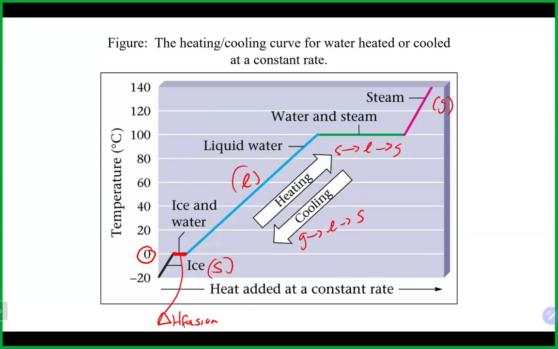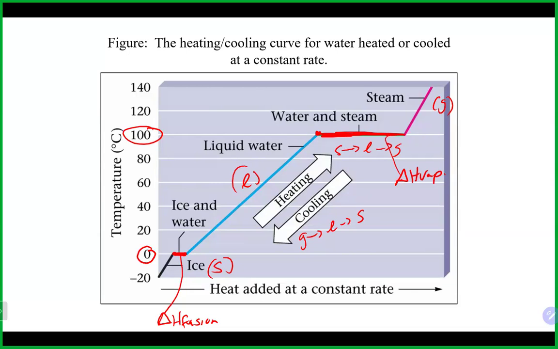Up here at 100 degrees Celsius for water, we also see a flat line, a plateau, and that is our transition point of going from liquid to gas or gas back to liquid. That is where your delta H of vaporization would come into play. And those would be the numbers that we saw on the previous slide.